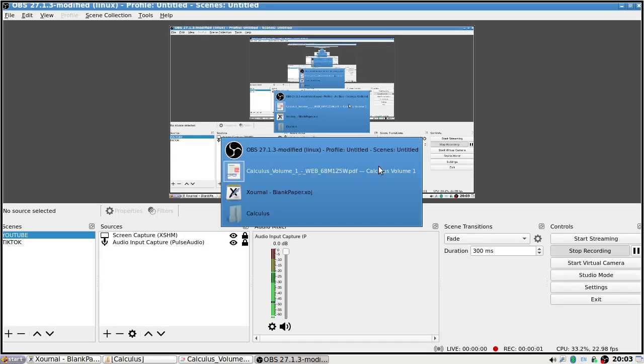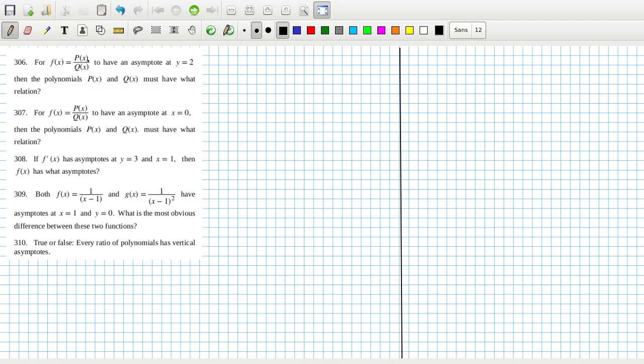Okay, let's continue. For f(x) to have an asymptote at y equals 2, I don't think they're saying that the asymptote... I think the asymptote is a horizontal asymptote.